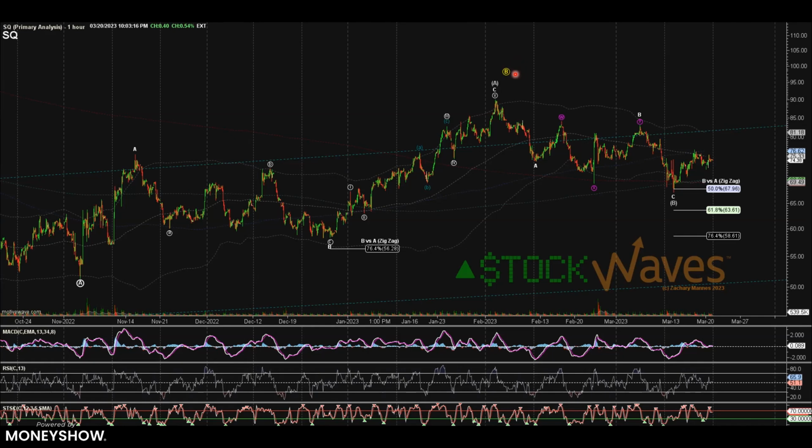So in that corrective B wave bounce, many things have looked complete off of the October or equivalent lows into the highs that they saw in early February. But there's a number of things like this SQ chart that really look like they're going to try and hold some support here to potentially be an even larger B wave bounce, so just now being the larger A and B of a much bigger B wave bounce.